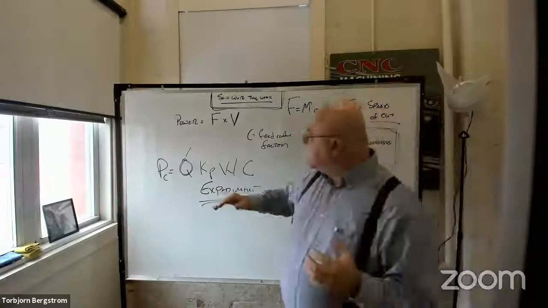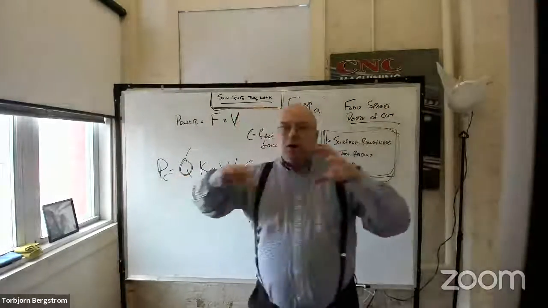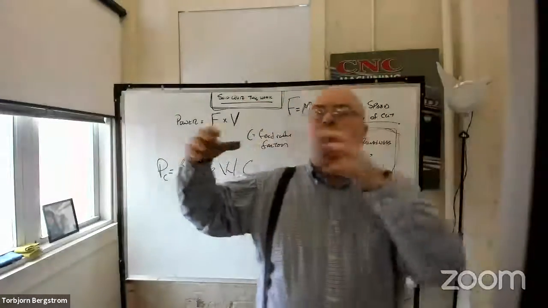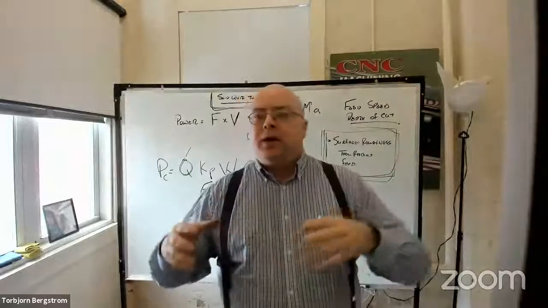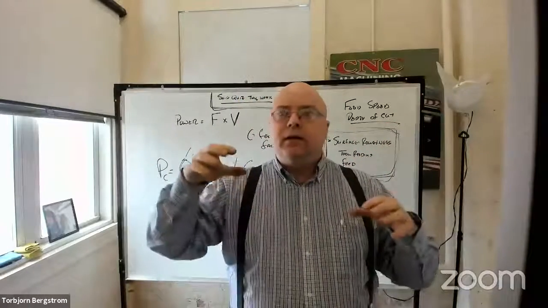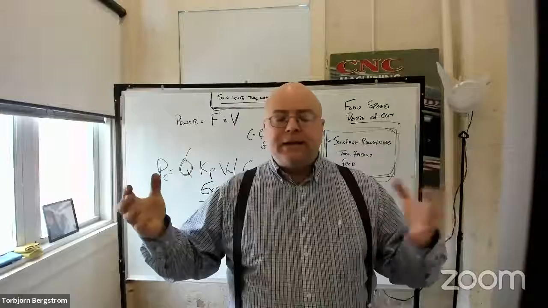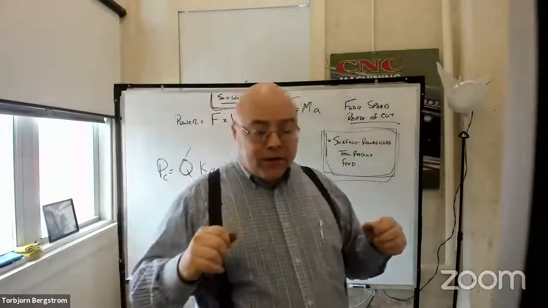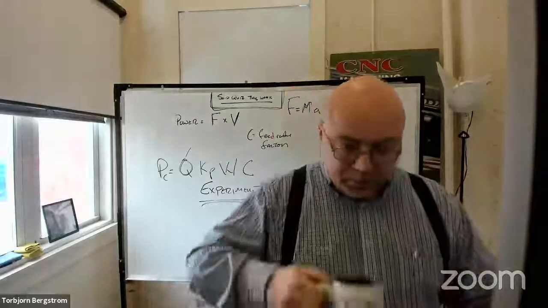This is why I say feed, speed, and depth of cut are the primary, the most important process variables in CNC milling and turning. However, they're not the only ones that are important.